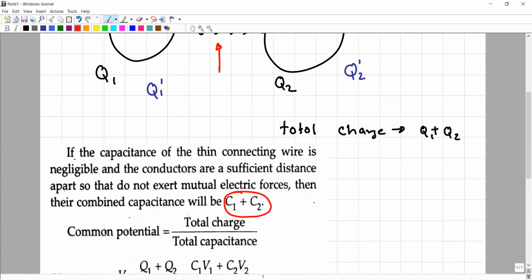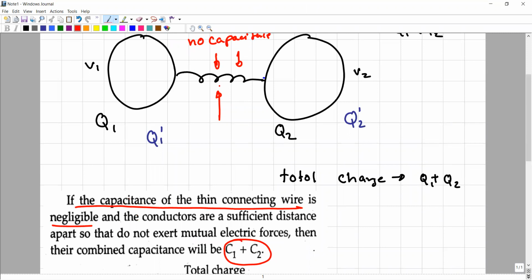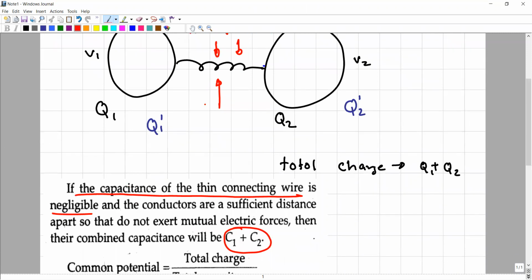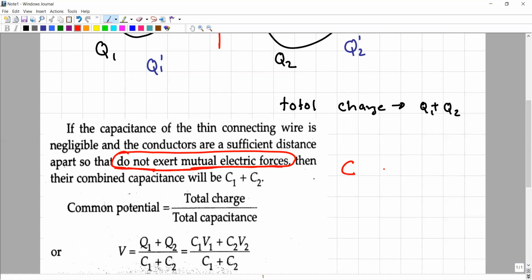So if the capacitance of the thin conducting wire is negligible, and then we are also assuming that these two conductors are at sufficient distance apart so that they do not exert mutual electric force. Now, when we did capacitance as a property of a conductor, then we understood that the capacitance of a capacitor C is affected by other conductors nearby. I hope you remember that. Okay, other conductor.